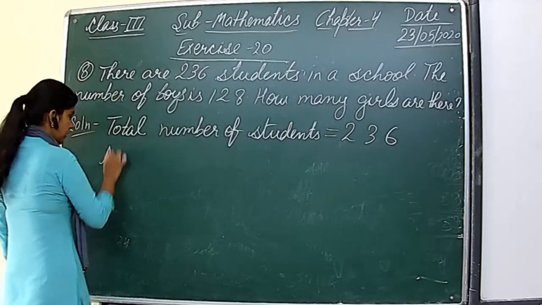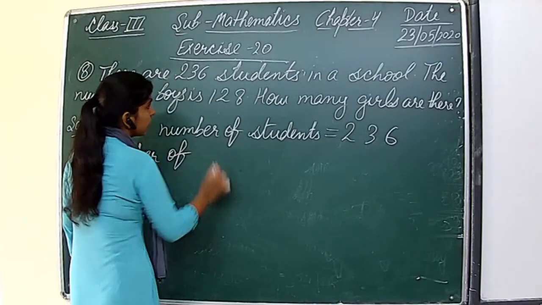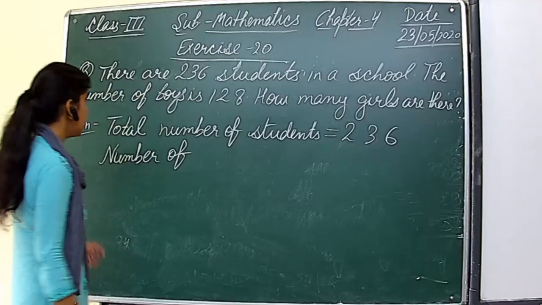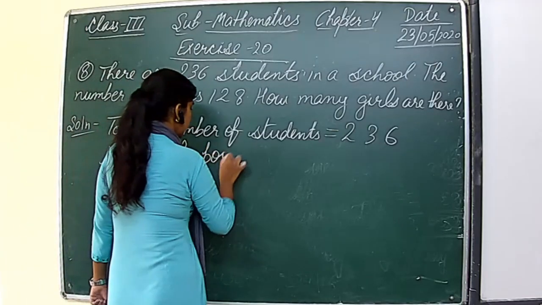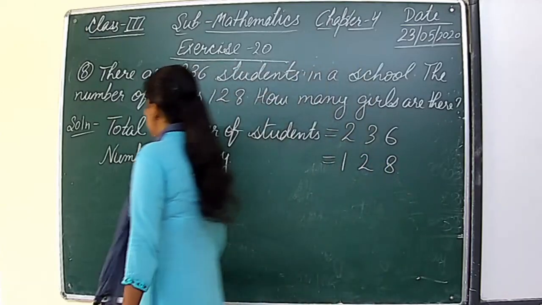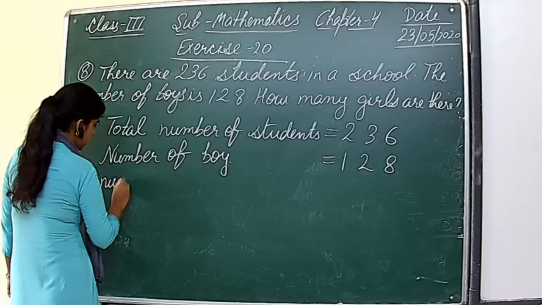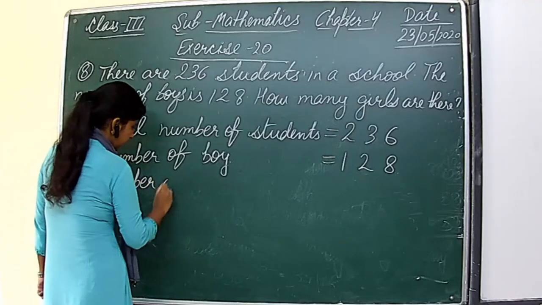Number of boys is equal to 128. So number of girls.